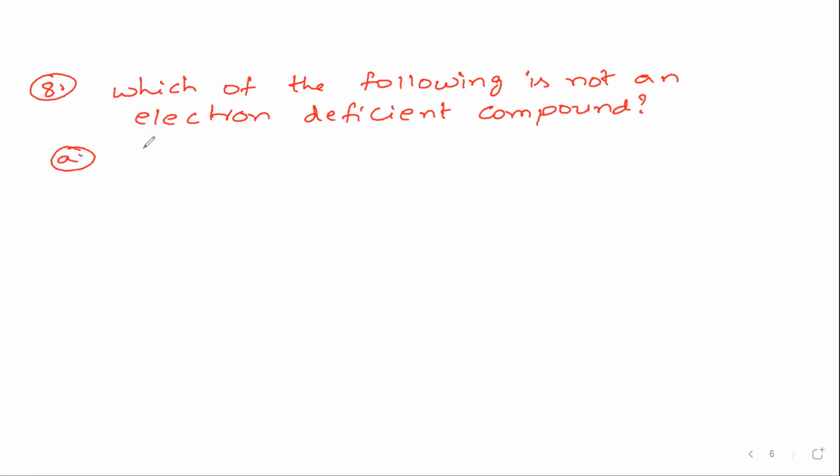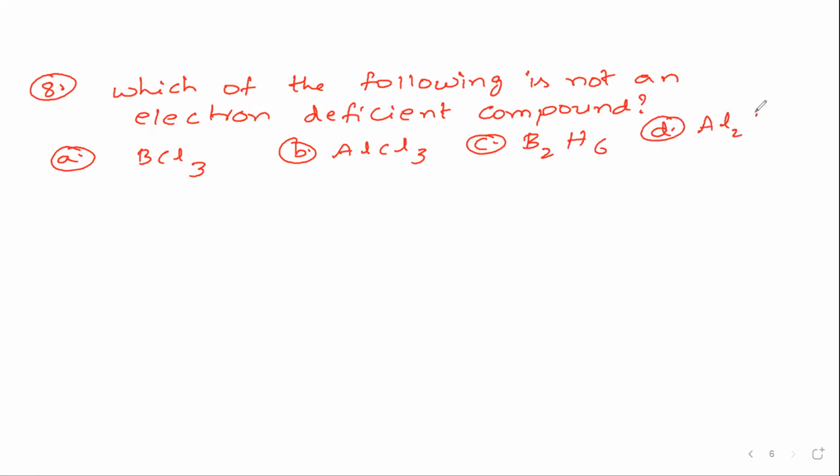Option A, BCl3. Option B, AlCl3. Option C, B2H6. And option D, Al2Cl6.